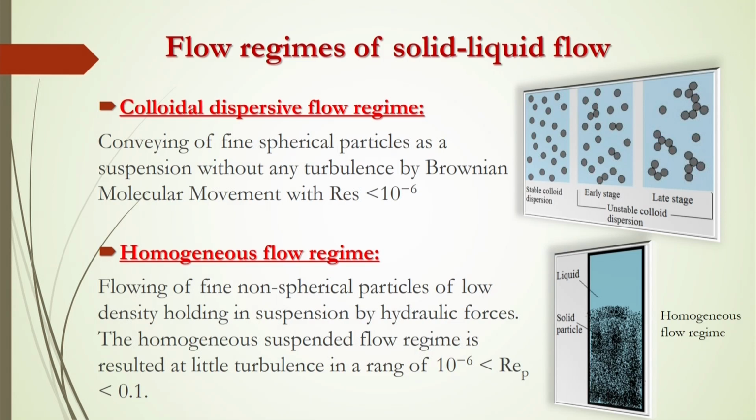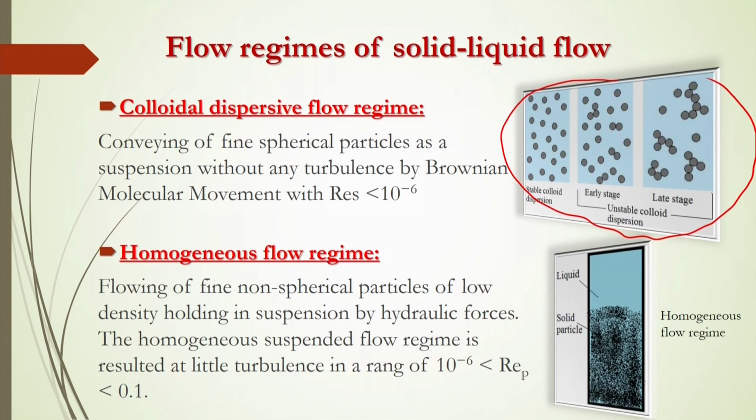In this case, everywhere inside the bed the concentration of the solids will be almost the same throughout the column. And the liquid velocity will be a little bit higher than the settling velocity of the solid particle.